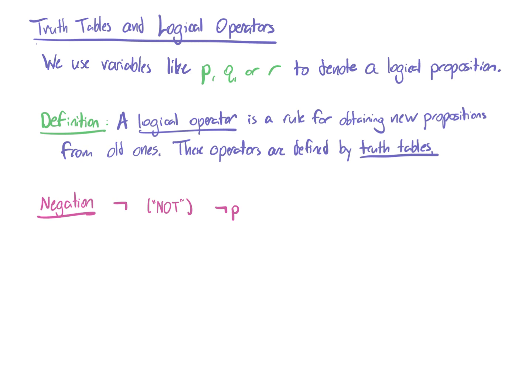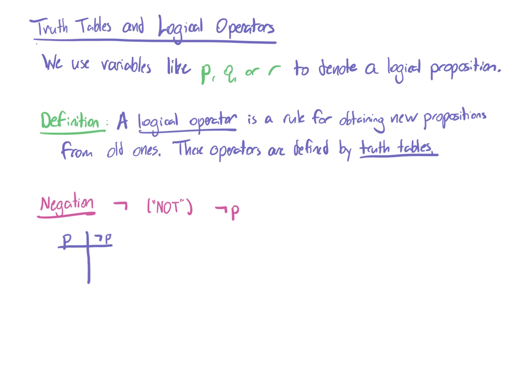So just this little p here, that's our only input. So to form the truth table, we have one column per input. So here's my column for p. And I'm going to have one column for the output as well, not p.